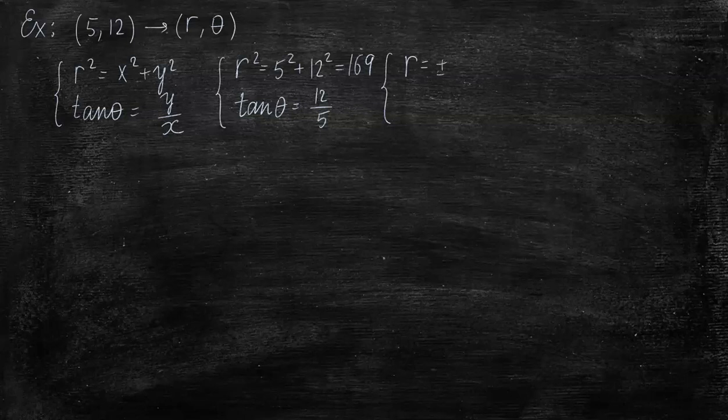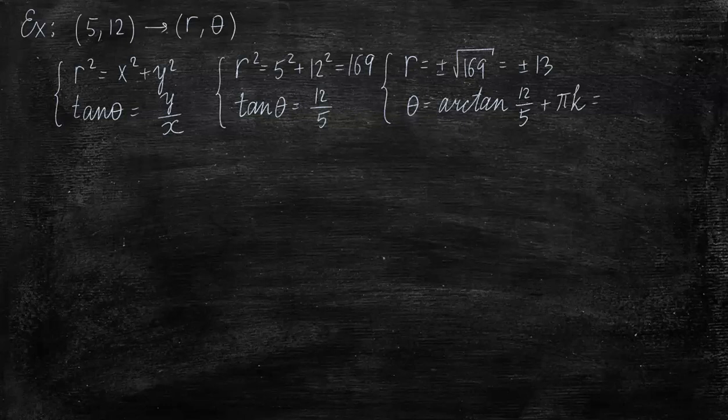So r could be plus or minus square root of 169, which is 13, and theta can be arctangent of 12 over 5 plus pi k.